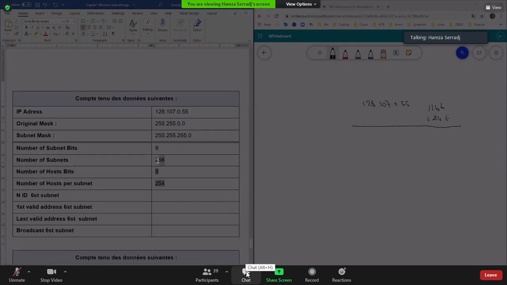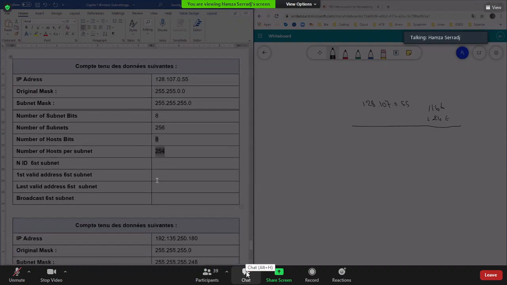In each one I can loop from 1 to 254. So I have 254 computers, because in each network I need to subtract the 0 and 255.